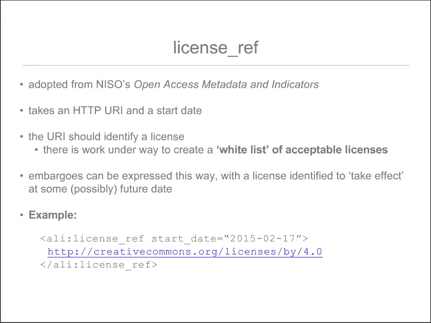And license ref we've adopted straight from the new NISO standard for access metadata indicators, which takes that form. The recommendation I made to the research councils was that they should create a whitelist of acceptable licenses, and then all RIOXX needs to do is to indicate the license URI which has been applied to a given paper.